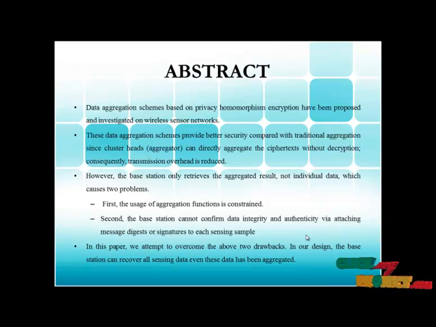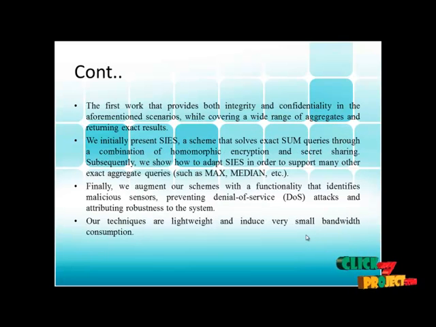In this paper, we attempt to overcome the above two drawbacks. In our design, the base station can recover all sensing data, even when this data has been aggregated. This is the first work that provides both integrity and confidentiality in the aforementioned scenarios, while covering a wide range of aggregates and returning exact results.